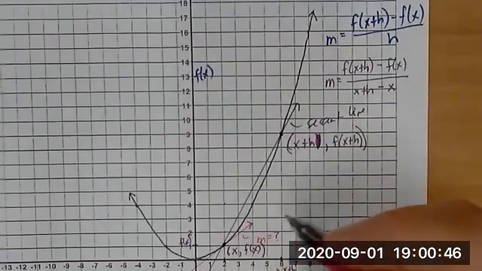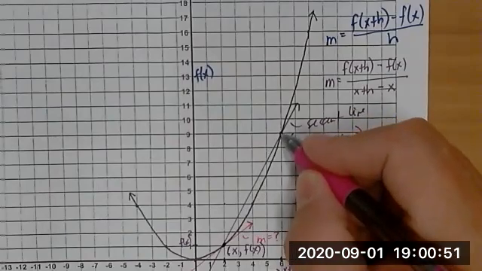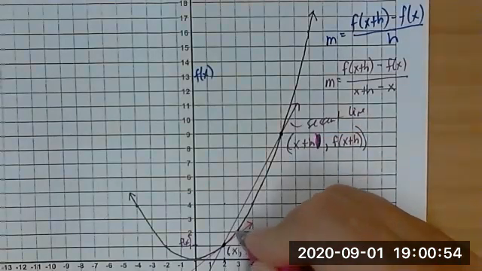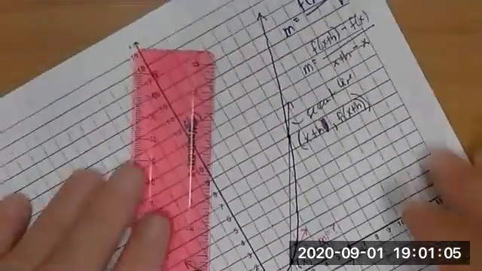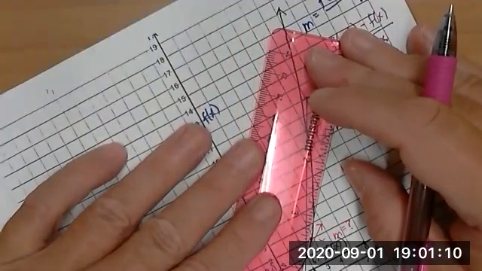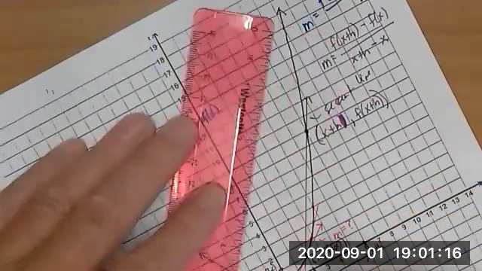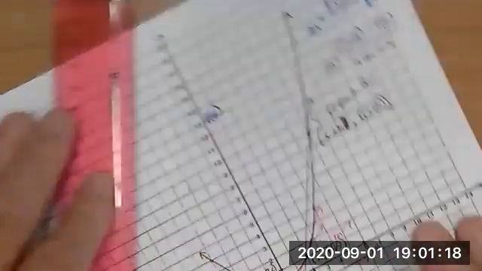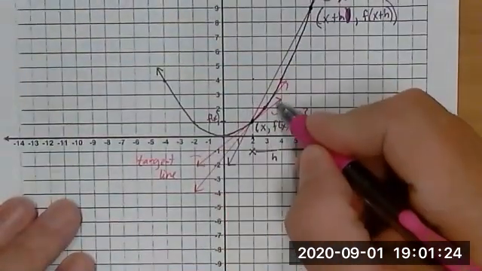In other words, just for fun, instead of having my second point be here, how about if my second point was down here, or my second point is actually pretty close to my first point. So now, if I draw my secant line of those 2 points, now if we compare, so here's our goal to find the slope of the tangent line.